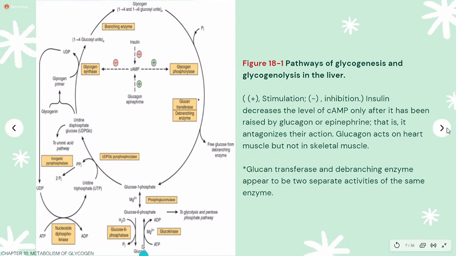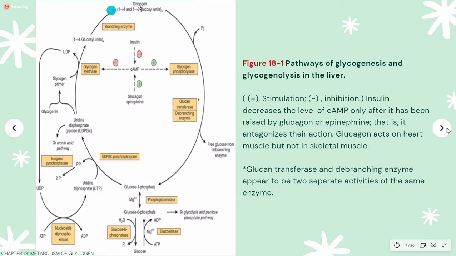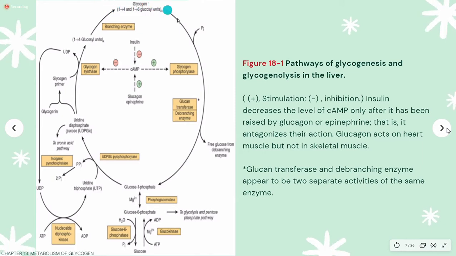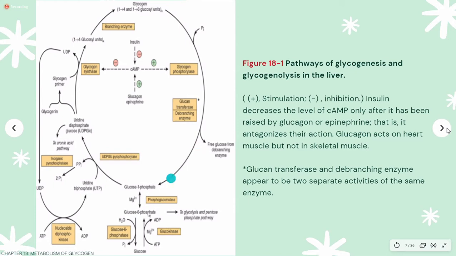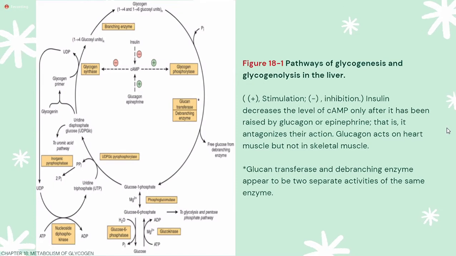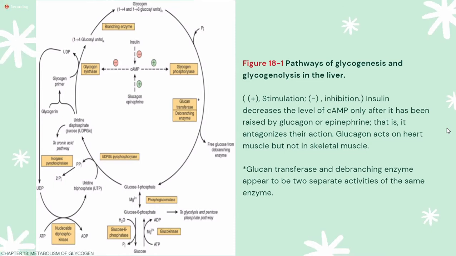Okay. Now looking at this, glucose goes this way to become glycogen, and glycogen being broken down back to glucose again. It seems like a useless cycle, di ba? If there is no control to this, it becomes a useless cycle.